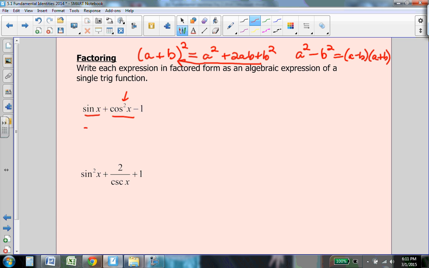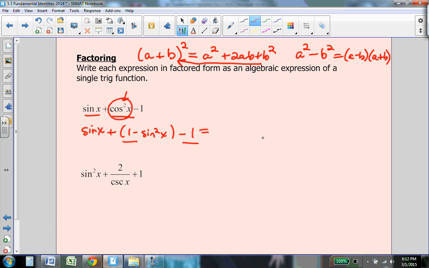So I'm going to leave this as the sine of x, and replace that part with its equivalent, 1 minus the cosine squared of x. Bring that 1 minus the cosine and replace the sine. Awesome. Minus 1. So then I can regroup this a little bit.